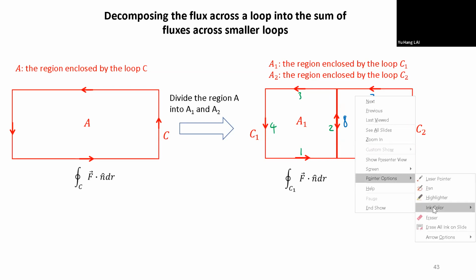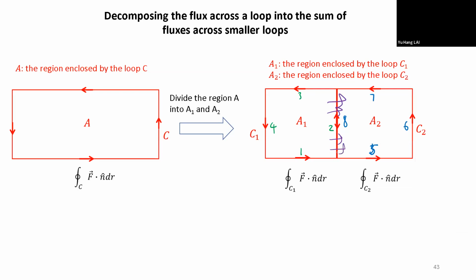Because whatever outflow from A1 has to enter A2, right? So that's why if I get some positive number from side 2, then I must get a negative number of the same magnitude from side 8.